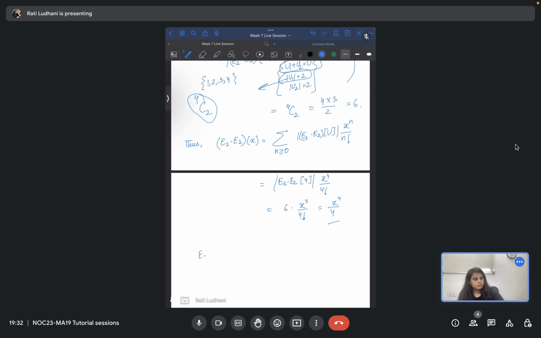But what was the question asking? You need to calculate this. So this is d over dx of E2 dot E2 of x. So what you are doing is just differentiating this with respect to x.